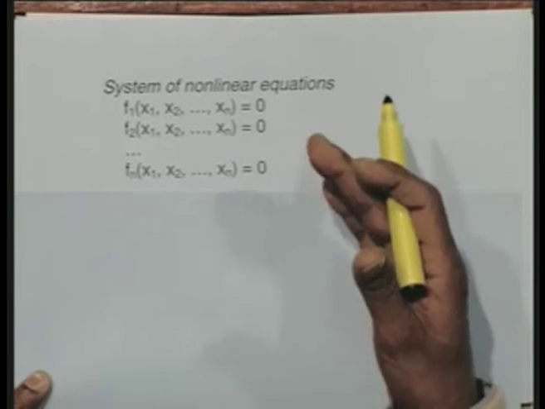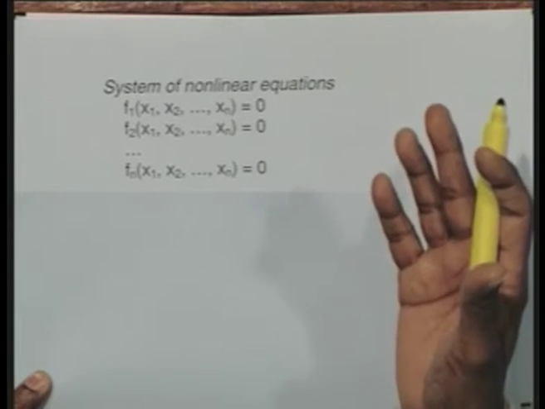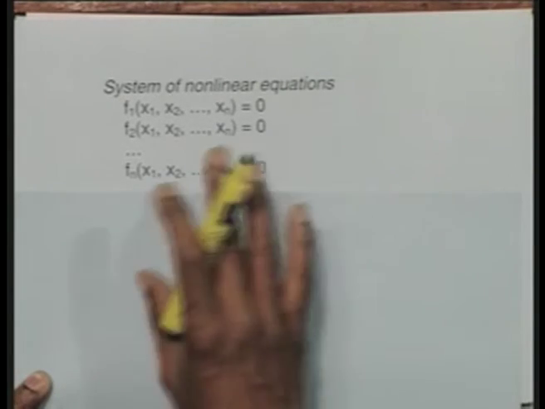Therefore, it is necessary that through some other procedure or from physical considerations, one must have an idea of what could be the order of magnitude or the type of solution, so that it can be used as your starting solution.